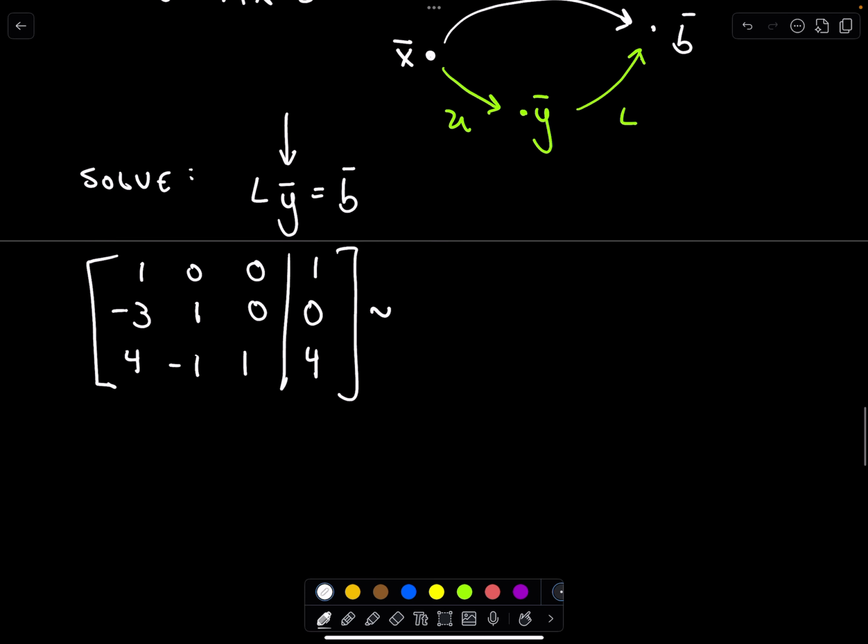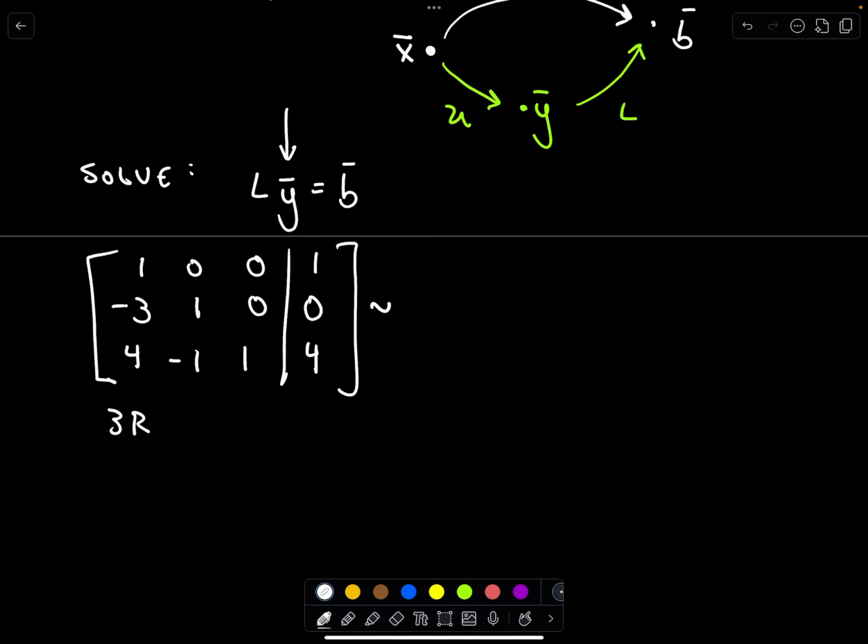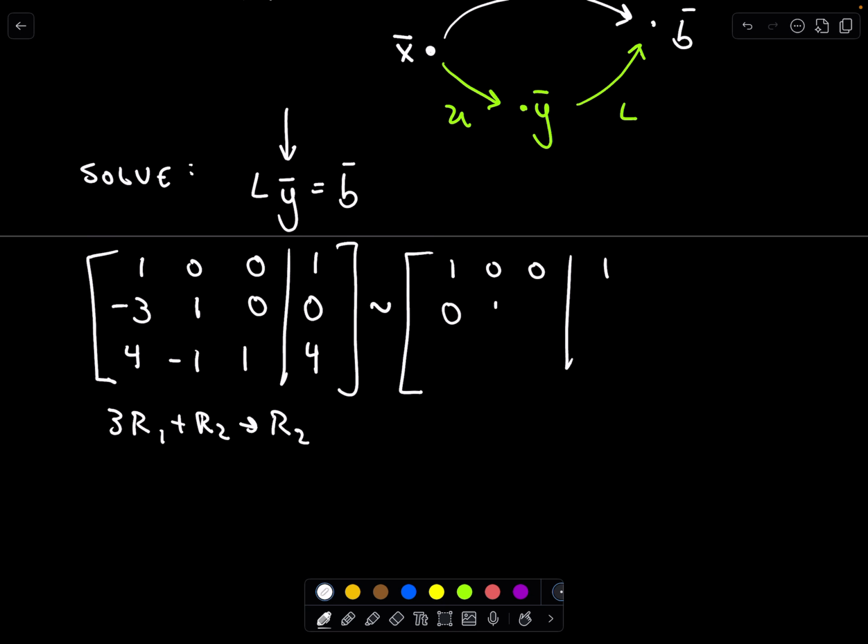So let's see if we can do this real quick. I've got 3 times row 1 plus row 2. That's going to give me my new row 2. I'm going to leave the first row alone. So 3 times 1 minus 3 is 0, and then I would get a 1, and then a 0, and then a 3. This is the magic. See how easy that row operation was.